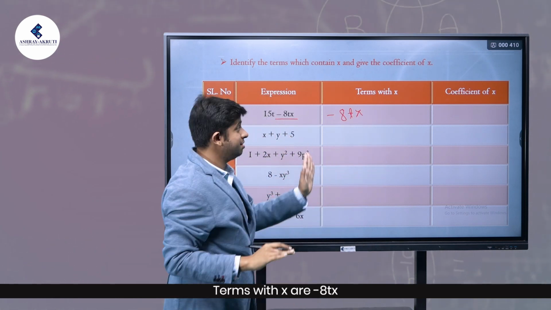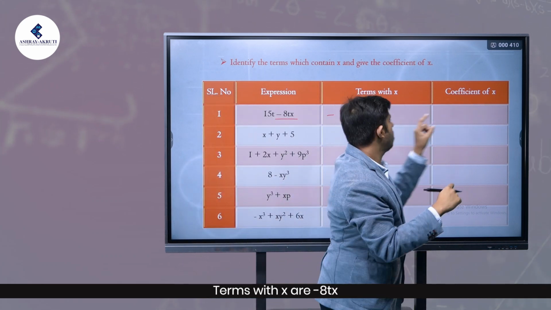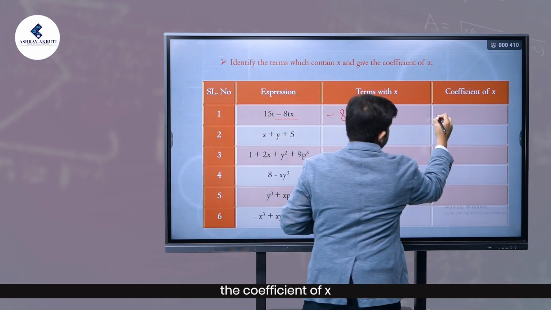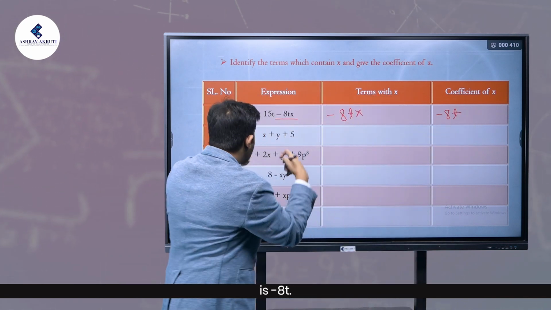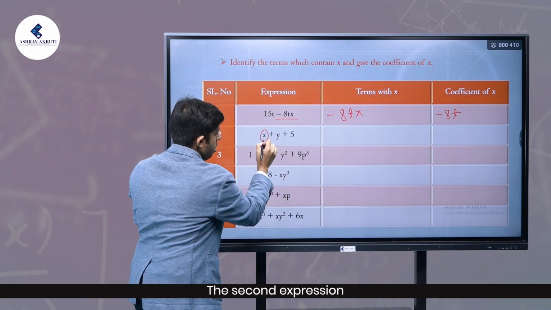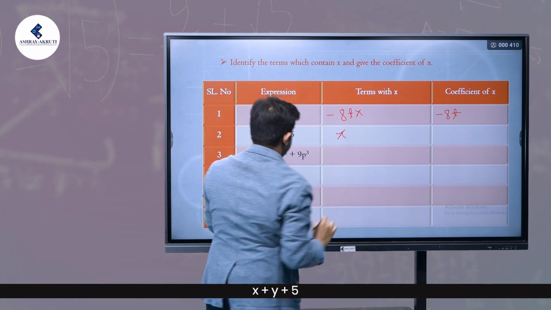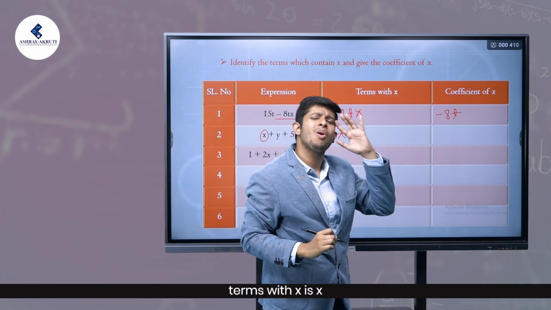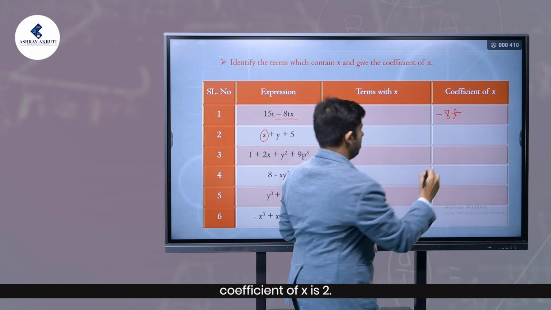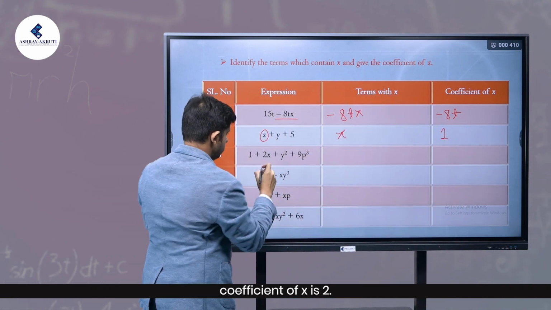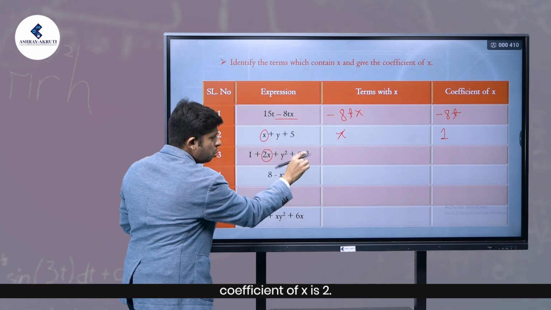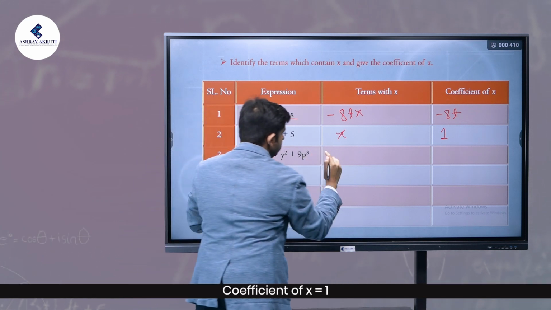Terms with x are minus 8tx. The coefficient of x is minus 8t. Second expression, x plus y plus 5. Terms with x is x. Coefficient of x is equal to 1.